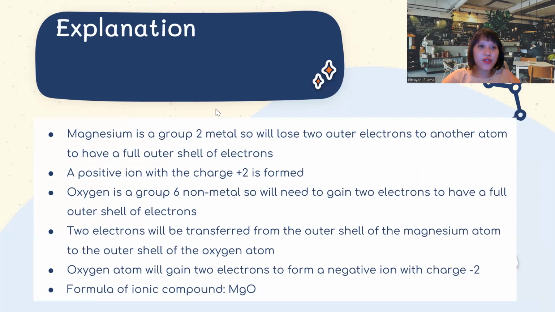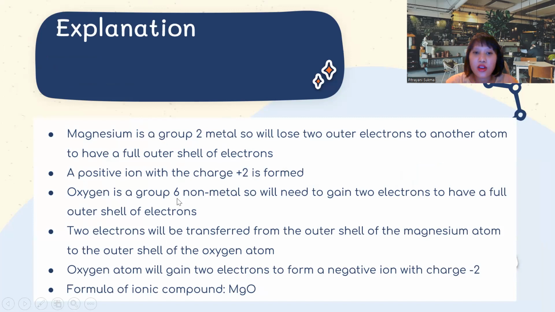Okay, so let's review magnesium and oxygen in magnesium oxide. Magnesium is a group 2 metal, so magnesium can lose 2 outer electrons to another atom to have a full outer shell of electrons. So a positive ion with a charge of +2 is formed.